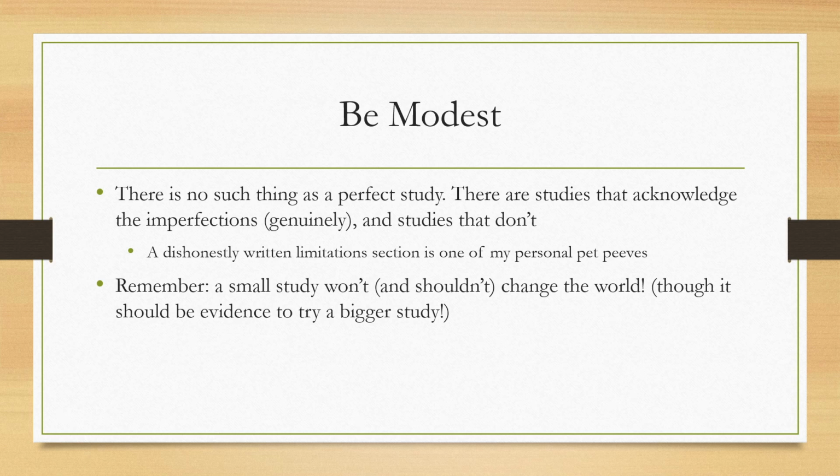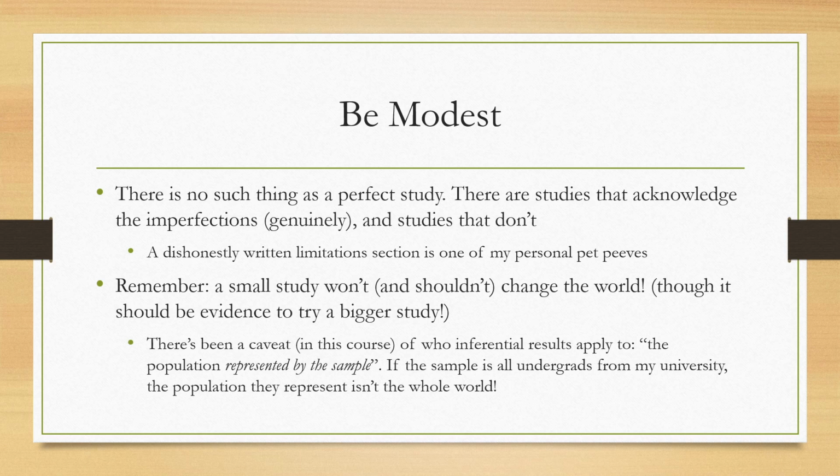And again, this goes back to something we also talked about earlier, which is that for large or costly changes, you should have extraordinarily strong evidence. You should be extremely confident in the decision. And a small study is just not representative. Now, one of the reasons this isn't representative has actually been a caveat we have used in this course.